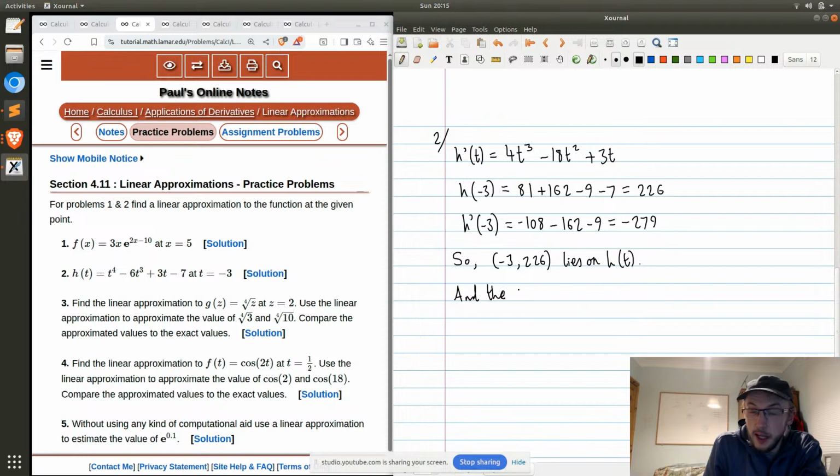And the tangent, which is really, or as they call it, the linear approximation to h of t at -3, 226 has m equal to -279.